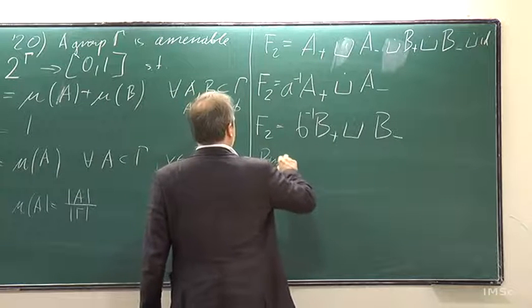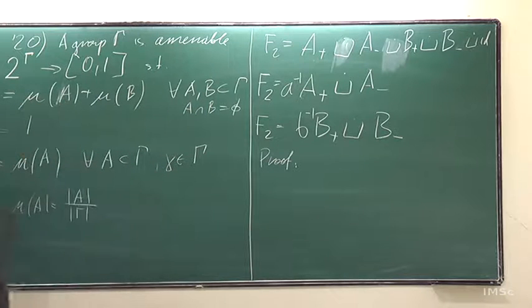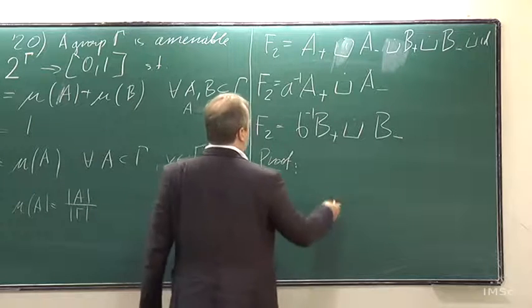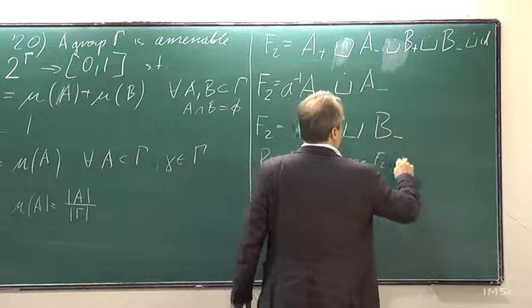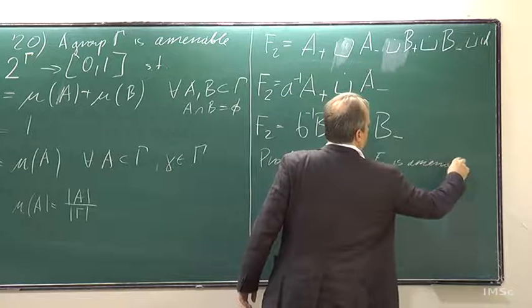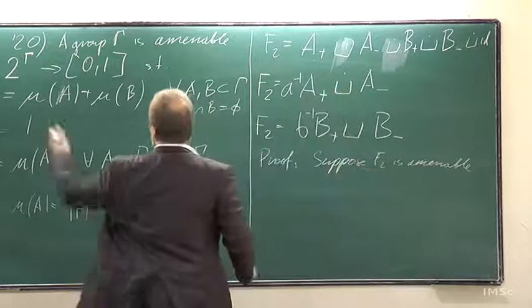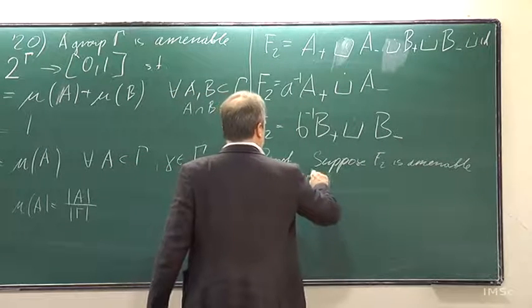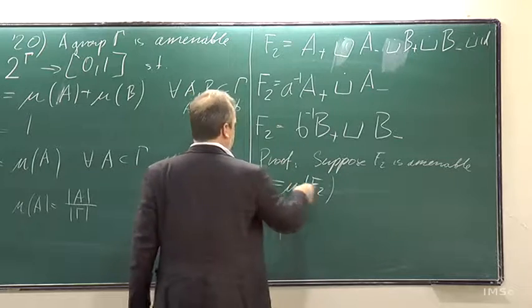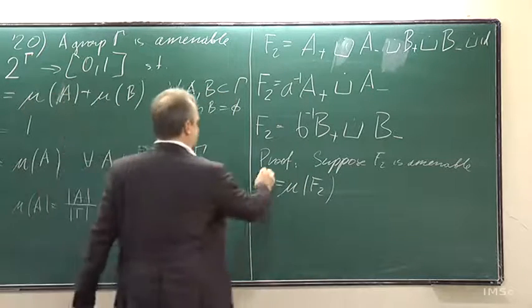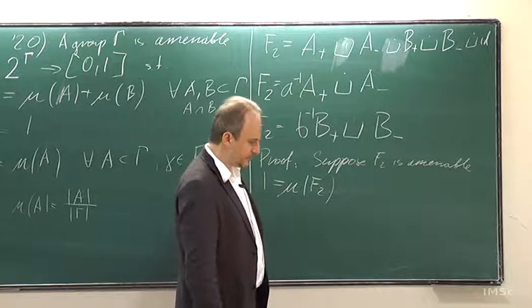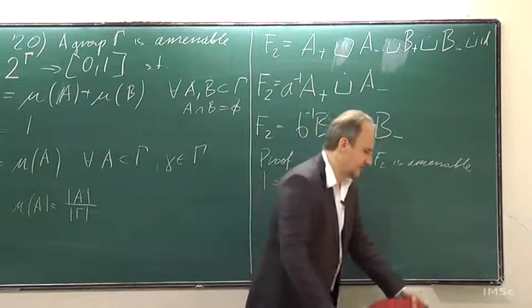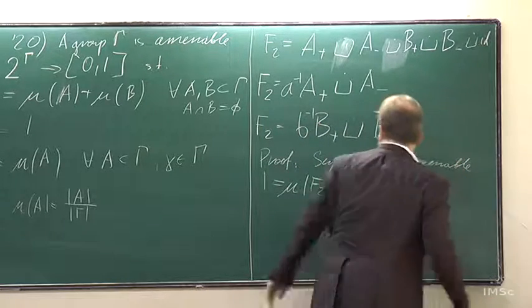So, what is the proof of the fact that F2 is non-amenable? Suppose F2 is amenable, then we have this measure mu such that the measure of the whole group F2 is 1. It is finitely additive.